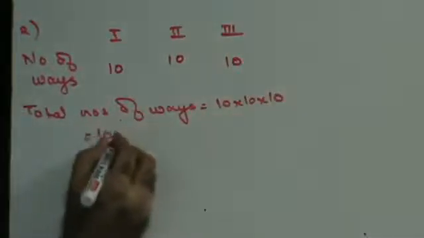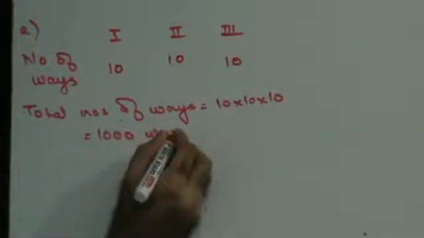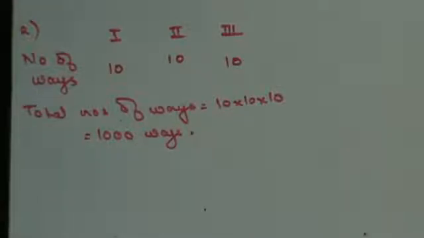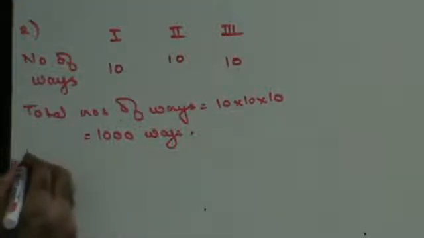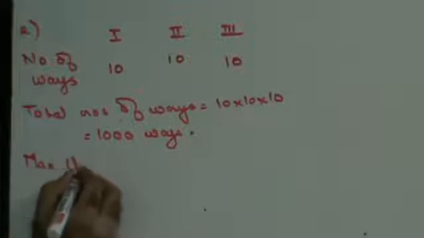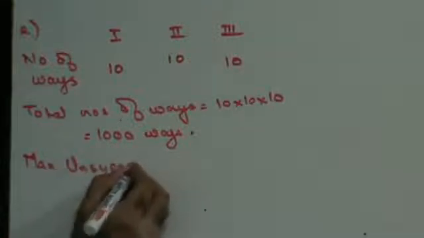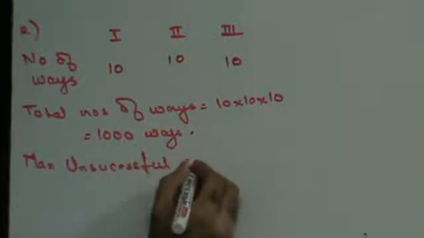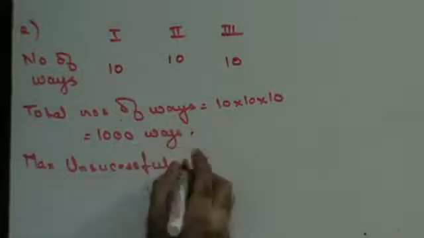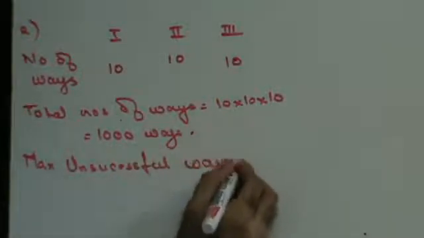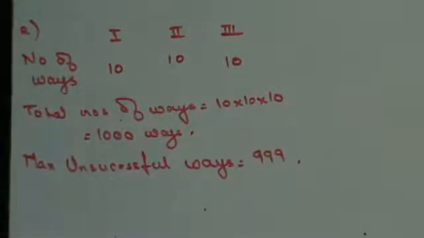There are 1000 ways in which the number lock can be set. Out of that, the lock will open only for one particular combination. So the maximum unsuccessful ways: out of 1000, one is correct, so there are 999 unsuccessful ways of opening the lock. Right? Next, take down the next one please.